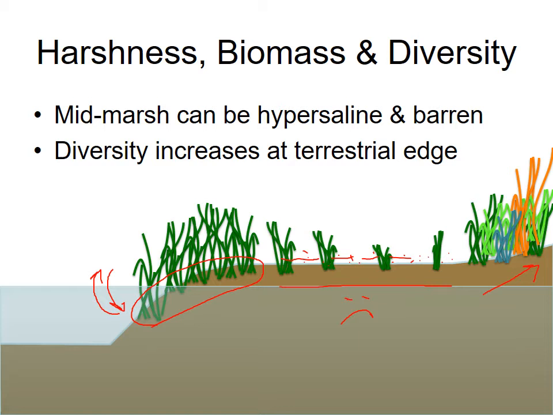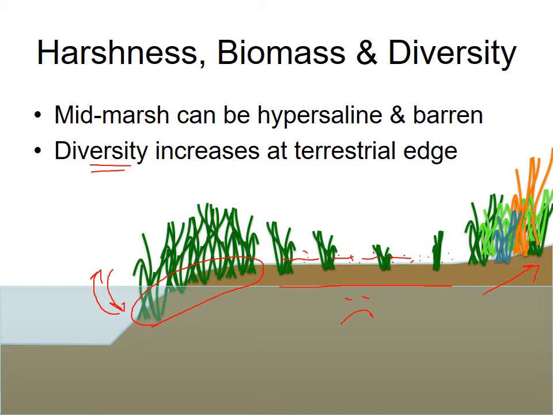In particular, you start to have more variety, more species that are maybe less specialized to deal with salt, and eventually you end up with a higher diversity terrestrial community, but there's a transition zone at the edge of the salt marsh where you've got a mix of these salt-adapted species, and you're starting to get more of the less salt-adapted species as well.